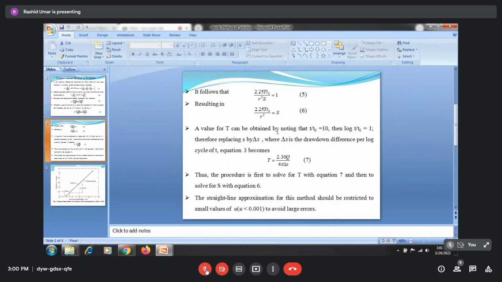A value of T can be obtained by noting that t over t0 is equal to 10, so log of t over t0 will be 1. Therefore, replacing drawdown by Δs, the drawdown difference per log cycle of time t. This is the equation used for calculation of transmissivity. So we calculate transmissivity first and then storage coefficient.